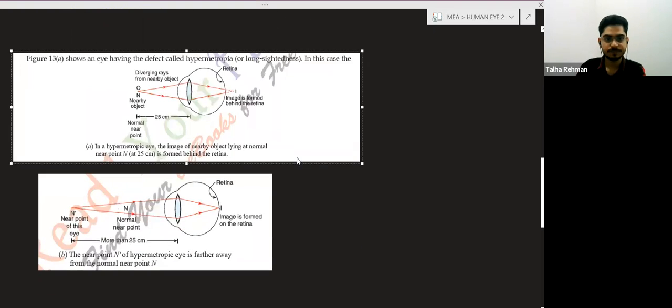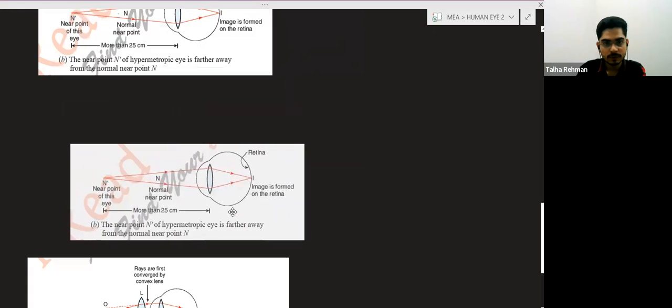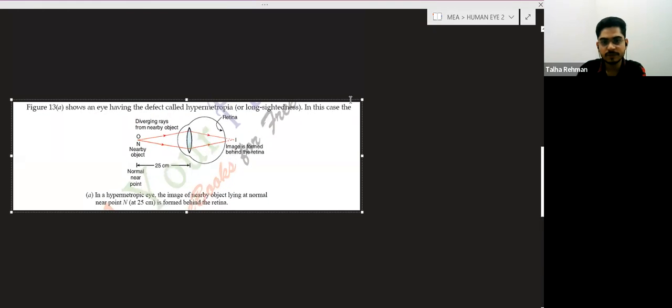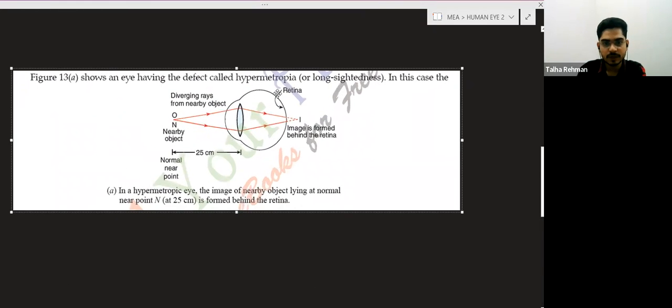Now see here, focus on this image. This is an eyeball, and this eye has hypermetropia. Hypermetropia means this eye is not able to see nearby objects clearly.